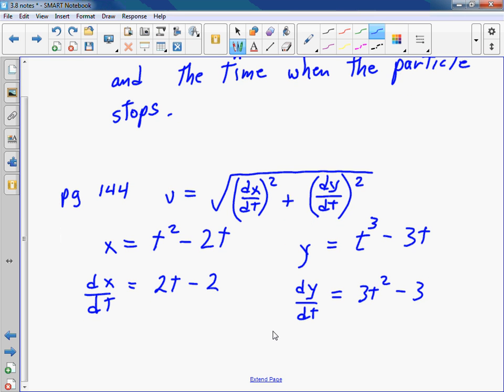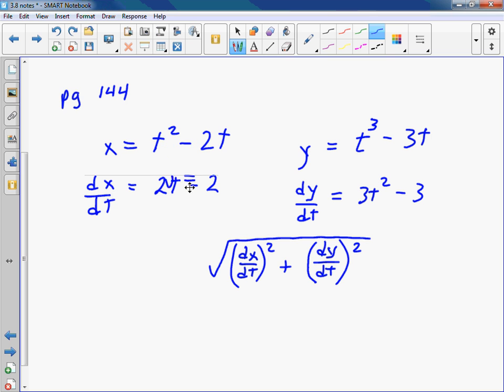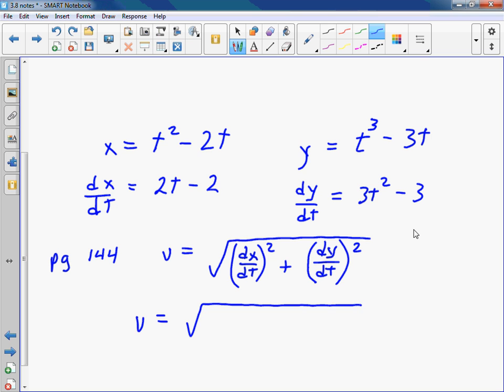Okay, so now we can use this up here. Bring it down as we go. So we have this equation here, and for us, the velocity equals the square root of 2t minus 2 squared plus 3t squared minus 3, also the quantity squared.